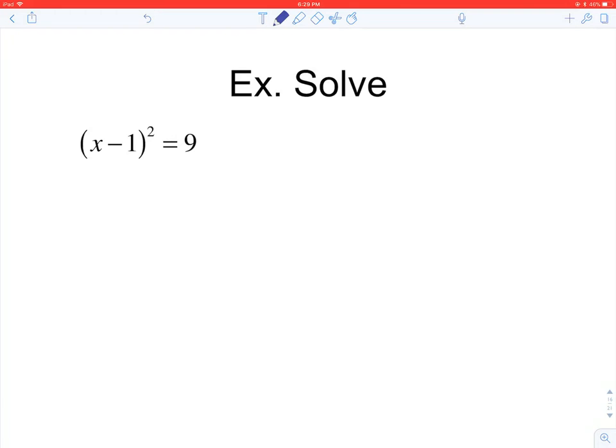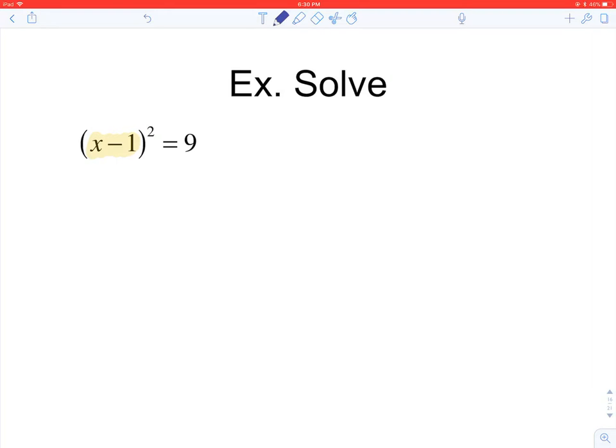Okay, so this is where the lesson starts on Friday. Notice that we now have a binomial squared here. So basically, whatever's inside the parentheses here being squared, when that quantity is squared, it needs to be equal to 9.